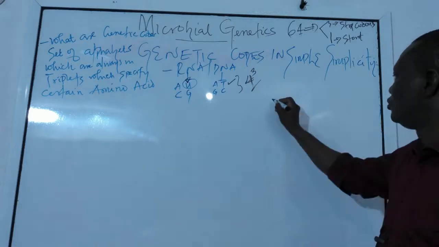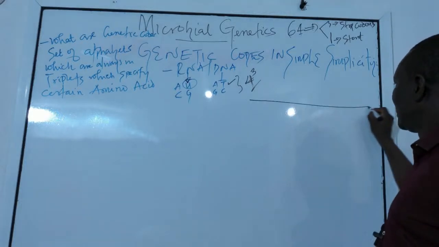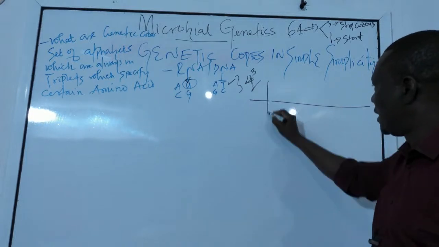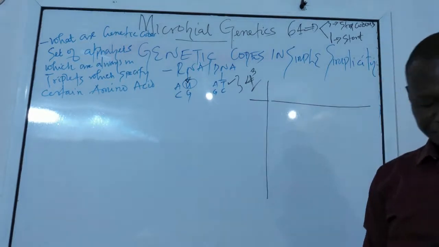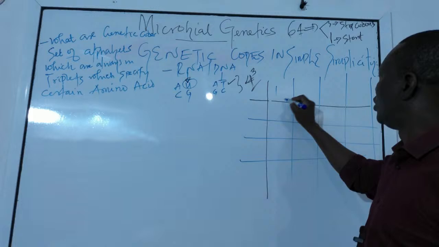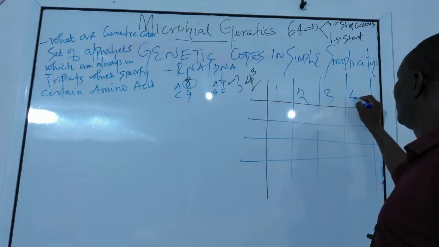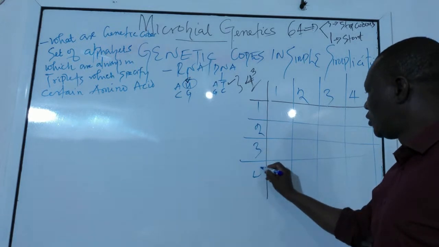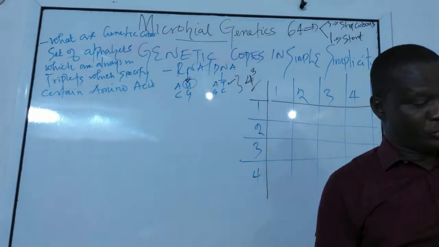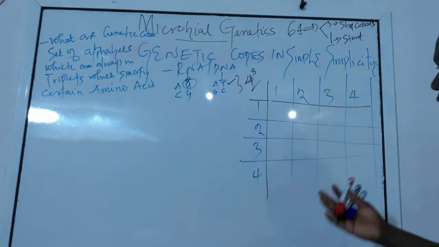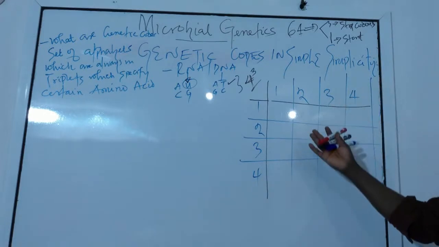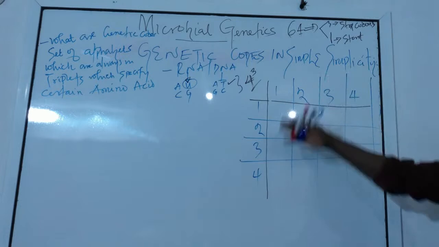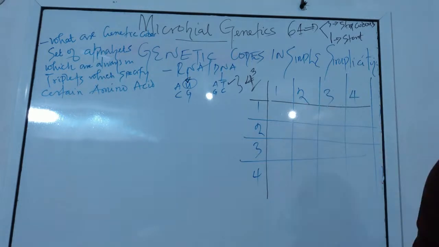First of all, you should know that you will draw a table like this, with columns 1, 2, 3, 4. What you want to do is learn the genetic code in its very simple form.